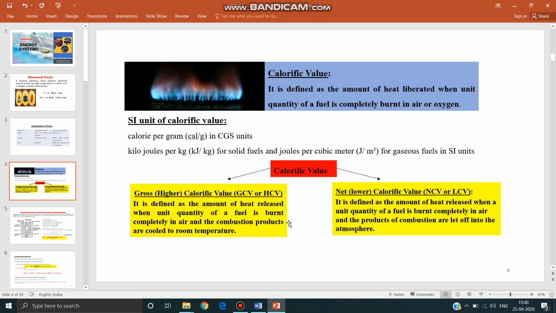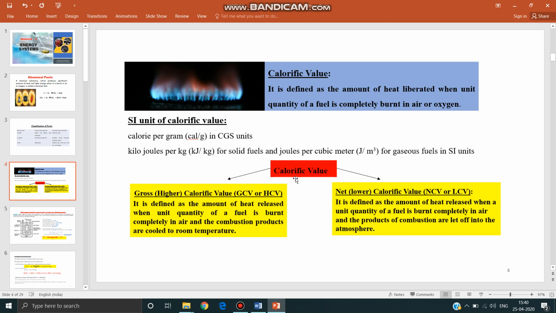Now, what is calorific value? It is defined as the amount of heat liberated when a unit quantity of a fuel is completely burnt in air or oxygen. It's very important, this definition. The SI unit of calorific value is kilojoule per kg.